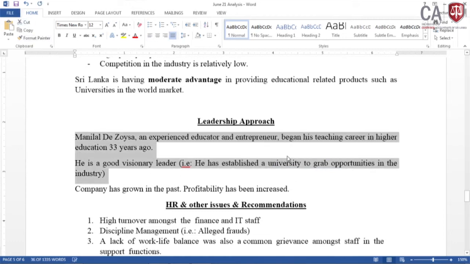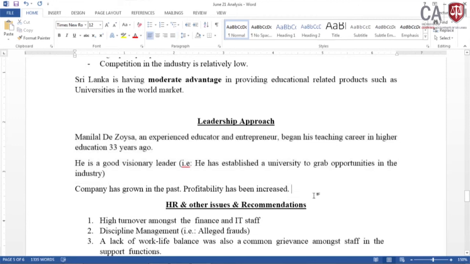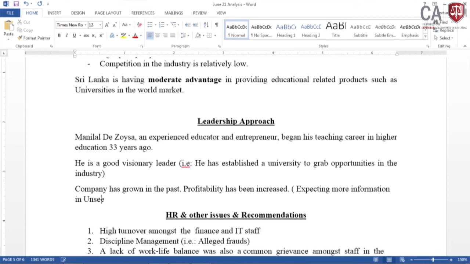So, we expected, right, I will say, expecting more information in the unseen to decide his leadership style.